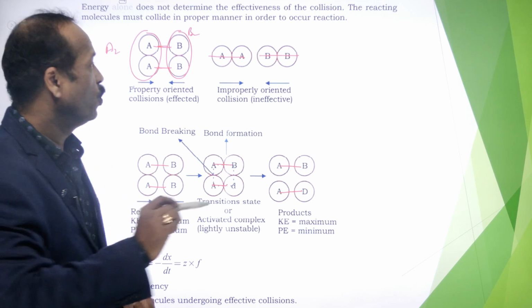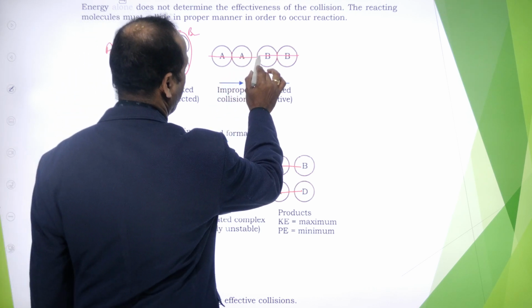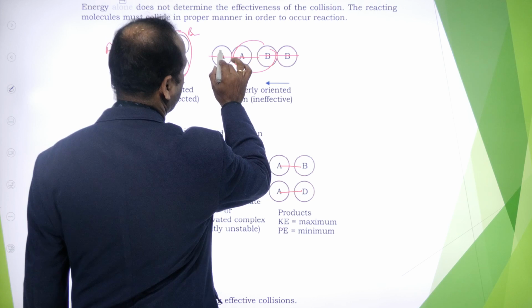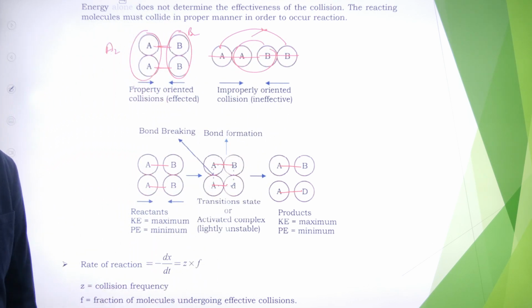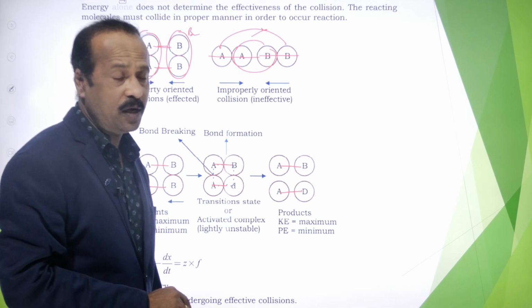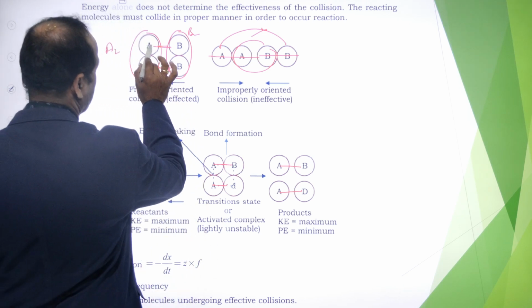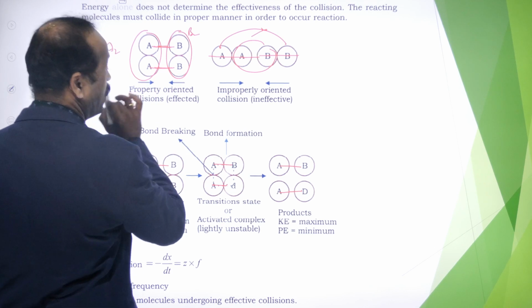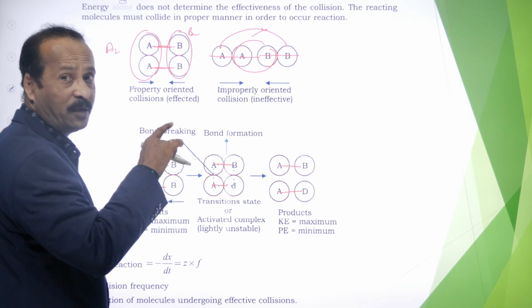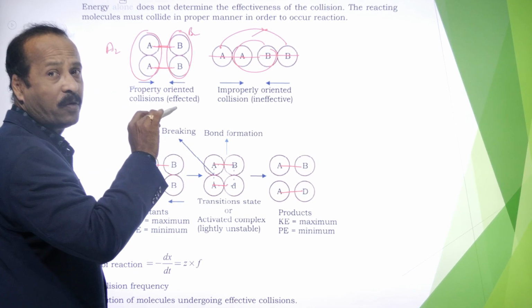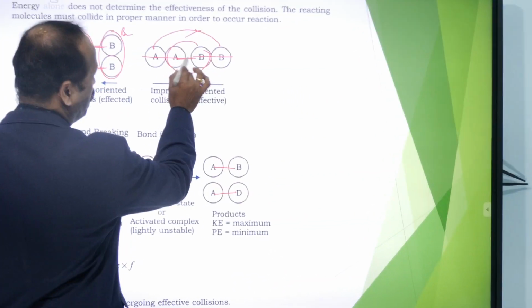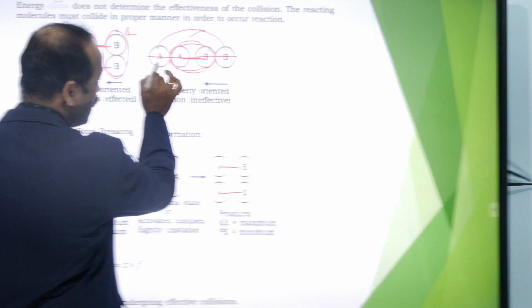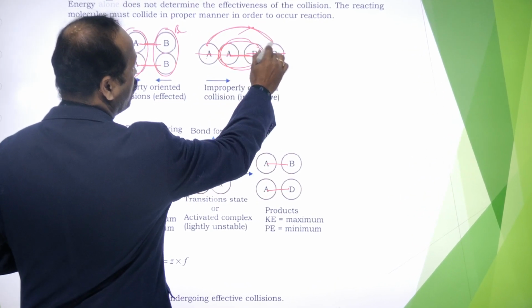Only this A is colliding with this B, but this A is not colliding with that B. It's not colliding with B. But here you see two collisions, AB, AB. Two collisions are taking place, but here it's only one collision, between these two. But this A and this B are not colliding.